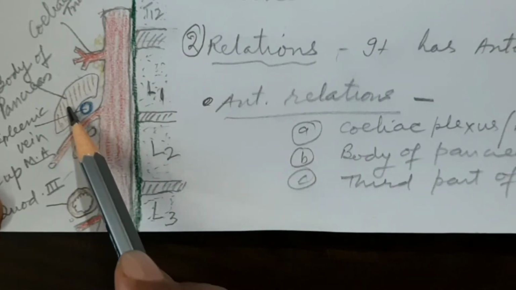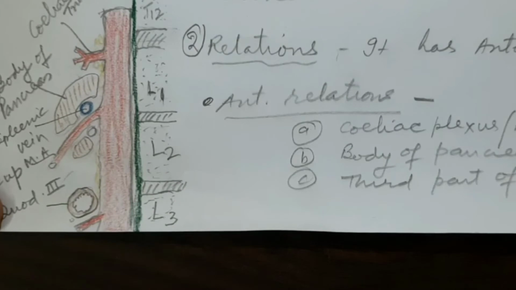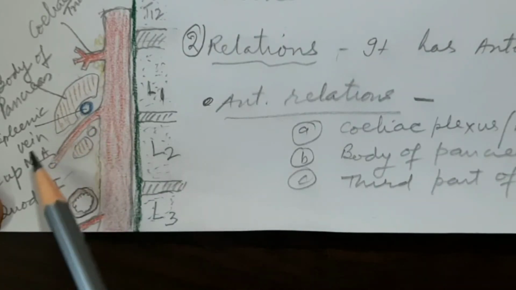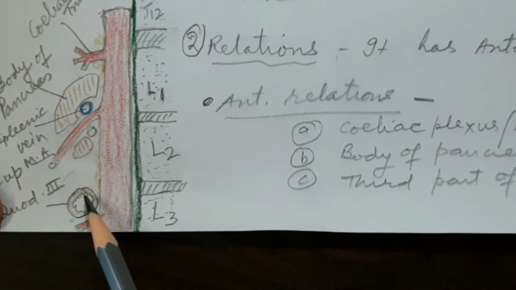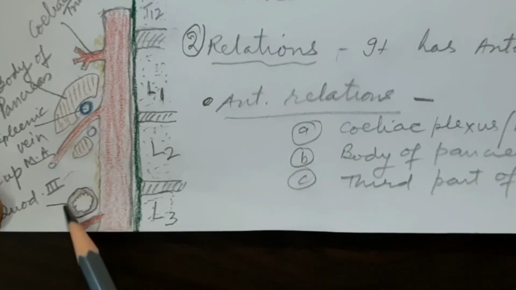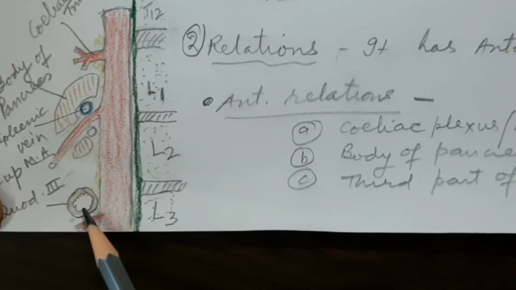Then the body of the pancreas, the uncinate process of the pancreas, and the splenic vein are related here. Then it is the third part of the duodenum, which crosses from the right to the left, and also lies touching the anterior surface of the abdominal aorta, right?